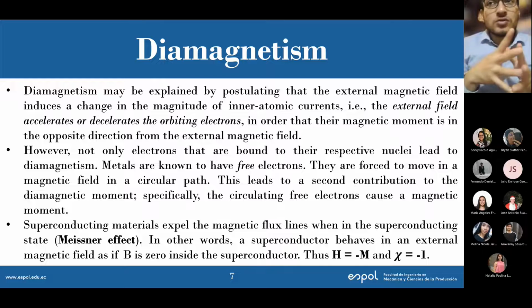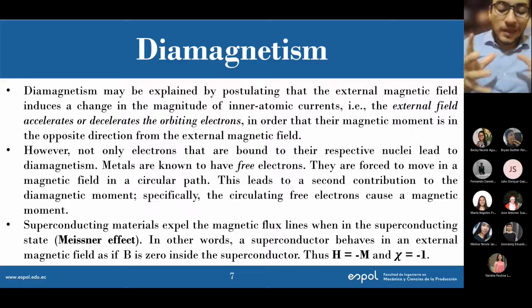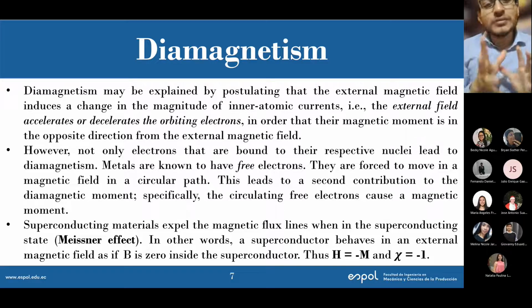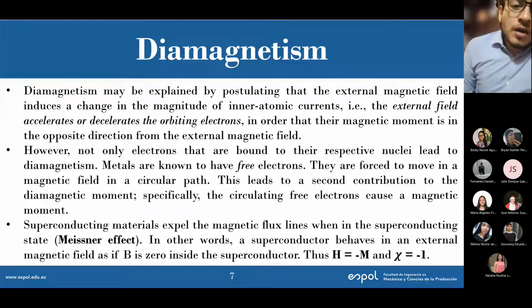The idea here is just to go a bit deeper and probably relate the behaviors we saw back in ceramics to some theories and even take them to quantum level. Okay, so what is diamagnetism?